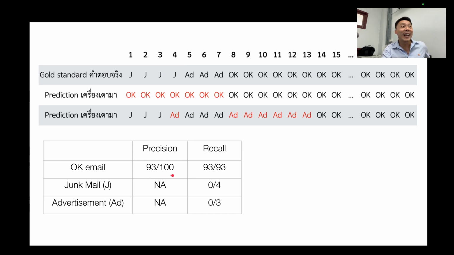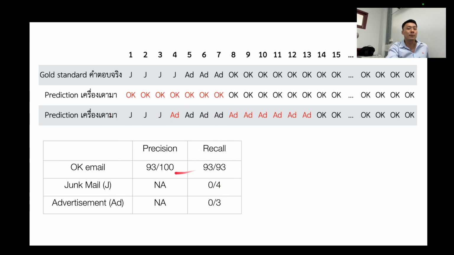So you can trust that it's actually an okay email 93% of the time, which is awesome. And recall is 100% because when it's an okay email, it's always flagged correctly. That's awesome. But precision for the junk label will divide by 0, because it has to divide by how many times the system gives you junk, which is 0. So you know that the system is bad.